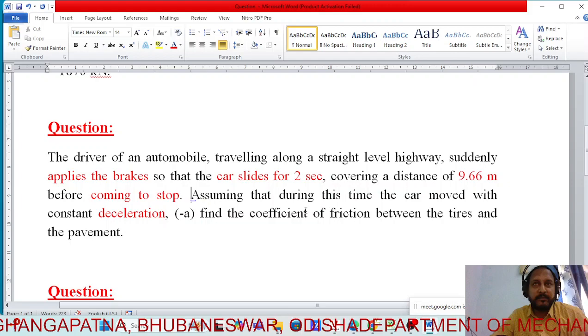Important parameters to remember: the time is 2 seconds, it travels a distance of 9.66 meter, finally comes to a stop, moving with constant deceleration, that is negative acceleration, and you have to find the coefficient of friction. Clear?